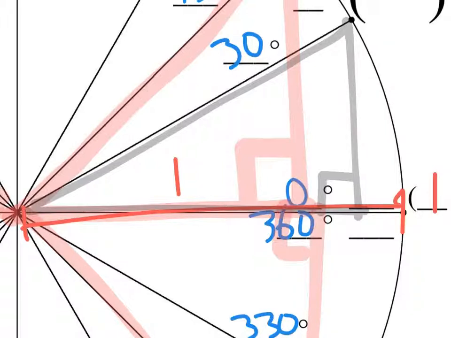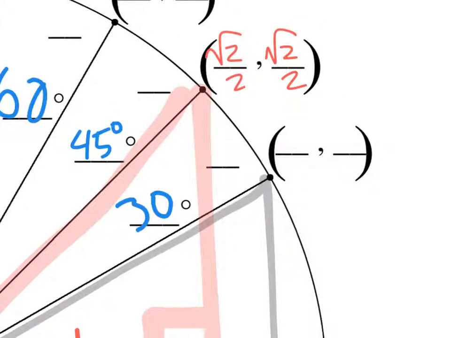Now, is the x longer or is the y longer? X is longer. So the x direction is square root 3 over 2. The y direction is 1/2. Square root 3 over 2, 1/2.